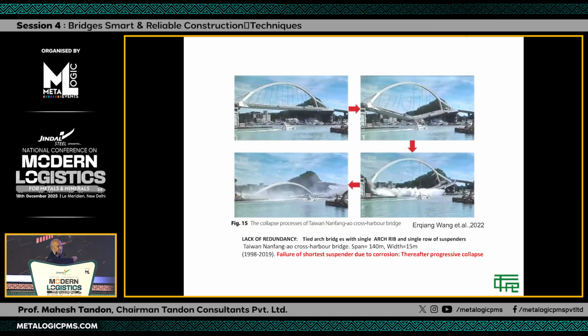This is not redundancy, because you can see the progressive collapse, what happened, and all because of lack of redundancy. So you should not have a single rib and just one plane of hangers.